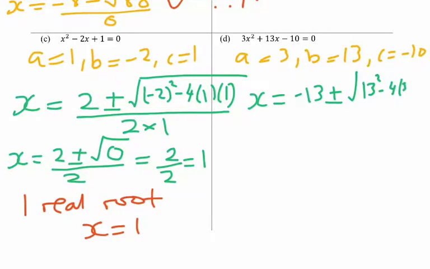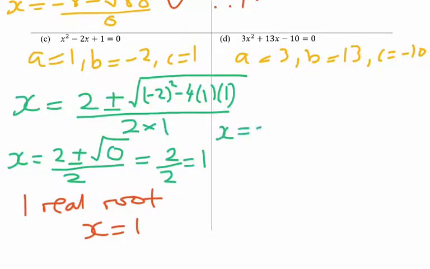Okay, let's rub this out. Try again. Okay, I'll come down here a bit lower. So x equals minus 13 plus or minus the square root of b squared minus 4 times 3 times -10.